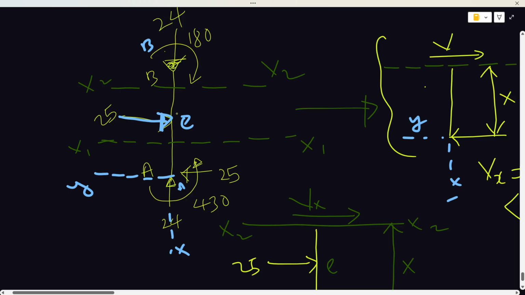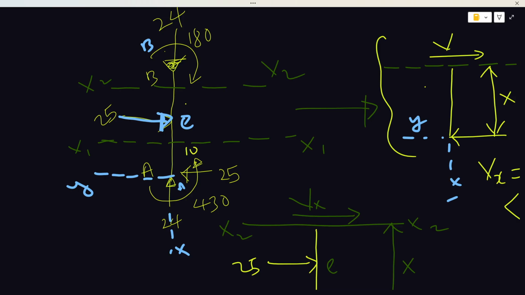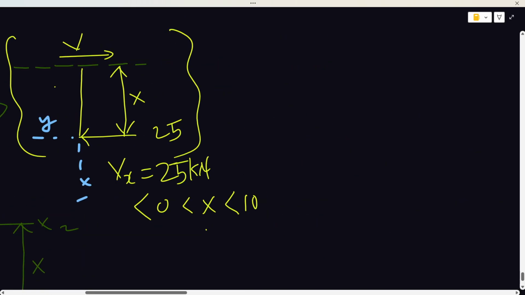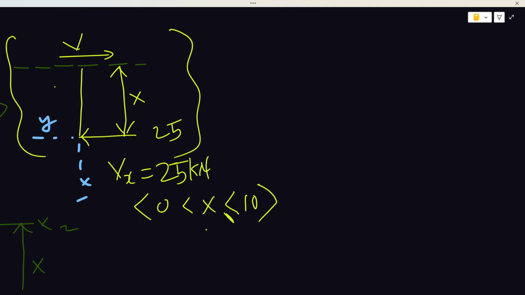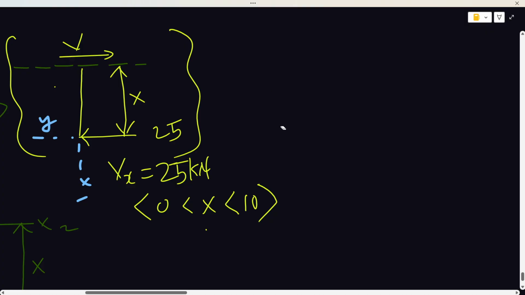I think the distance of separation was 10. So this 25 kilonewtons is satisfied up to just before E, because at E there's going to be a jump.